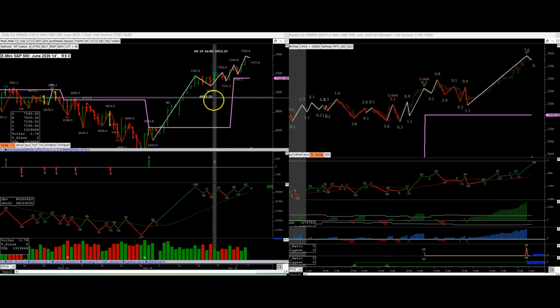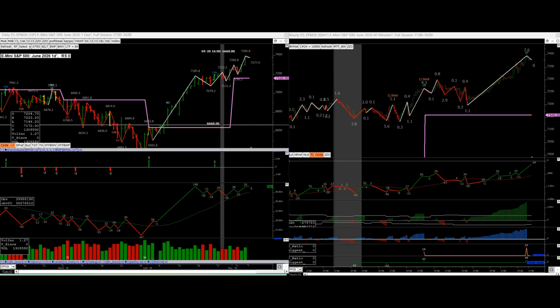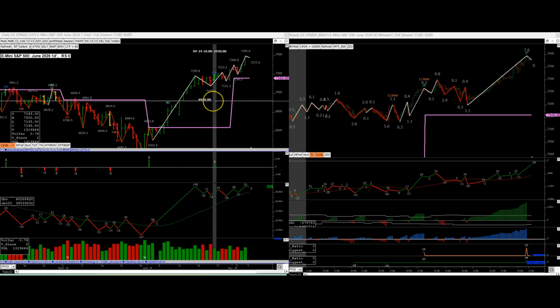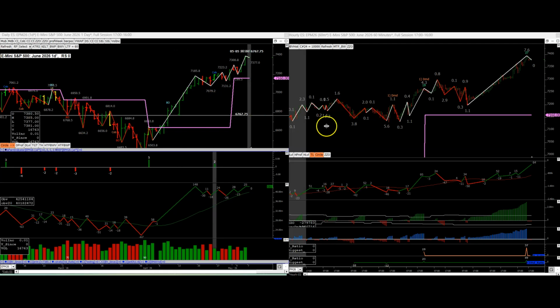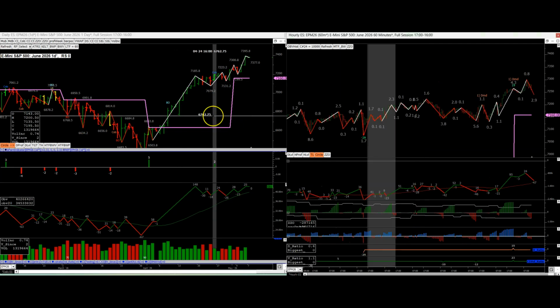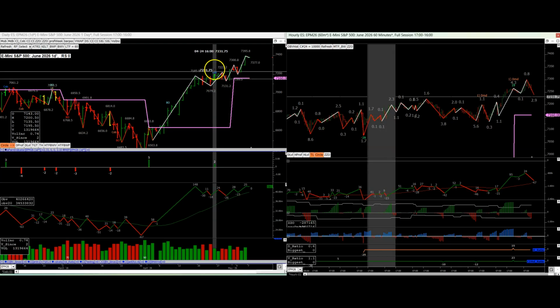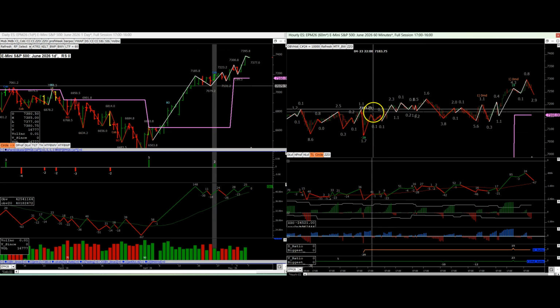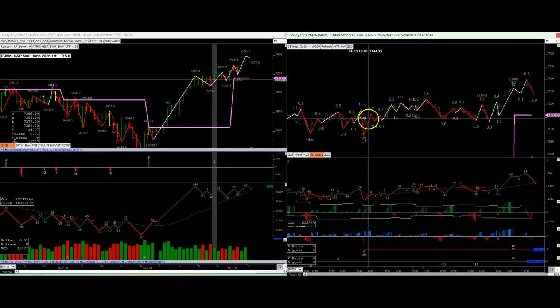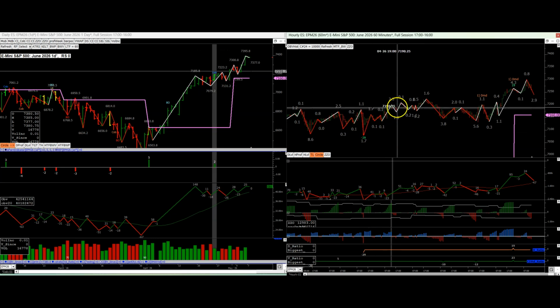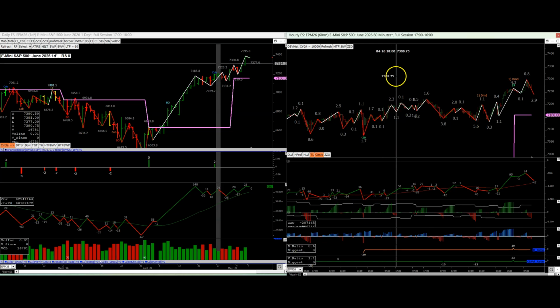So how does this look from a higher time frame to the lower time frame? What's going on? Somewhere here you have big volumes coming in, probably this one.